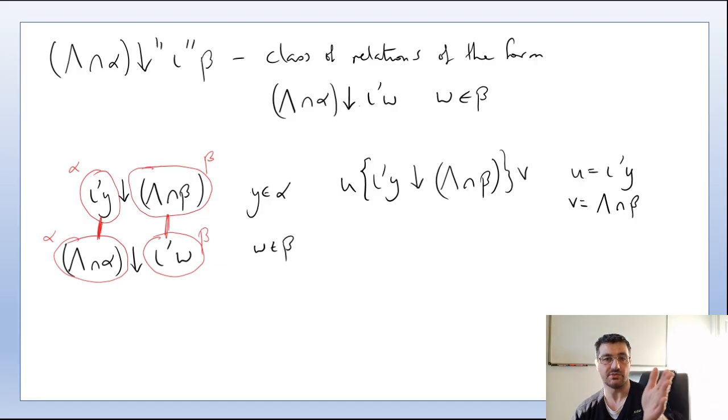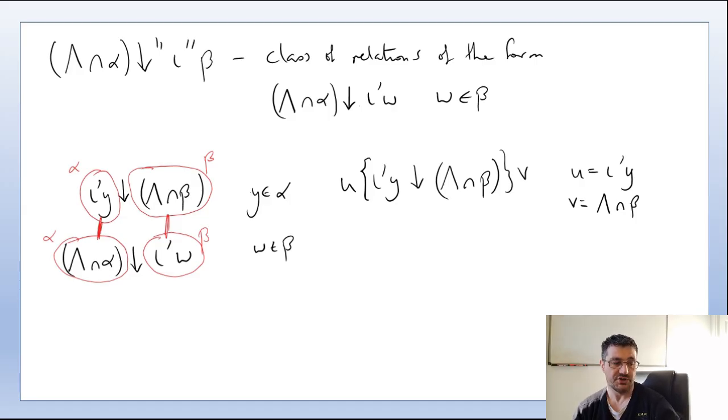It can be each of these unit classes. But remember, this class of unit classes that we formed, this iota double primed alpha, is of the same size as alpha. For each member of alpha, there is a unit class that corresponds to it, and for each unit class in iota double primed alpha, there is a member of alpha that corresponds to it. They're the same size. They're similar.